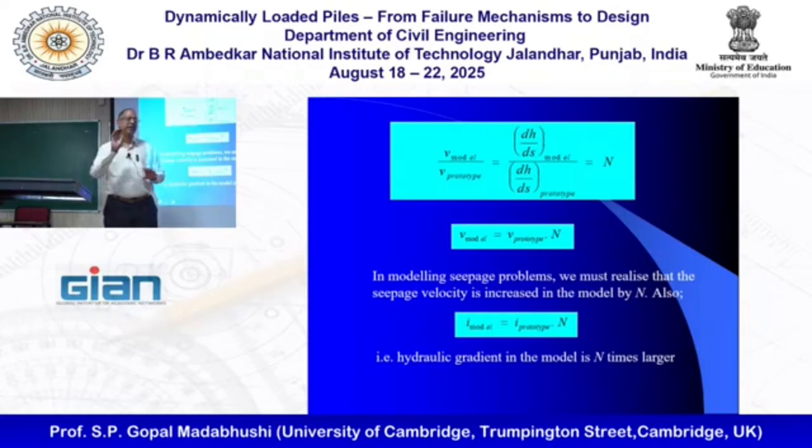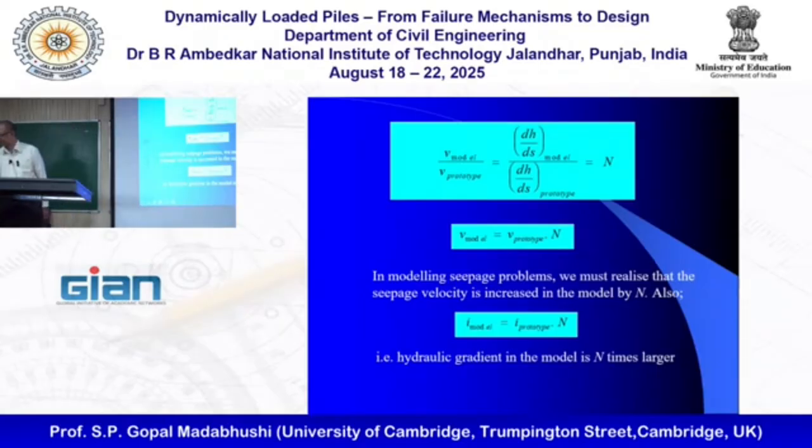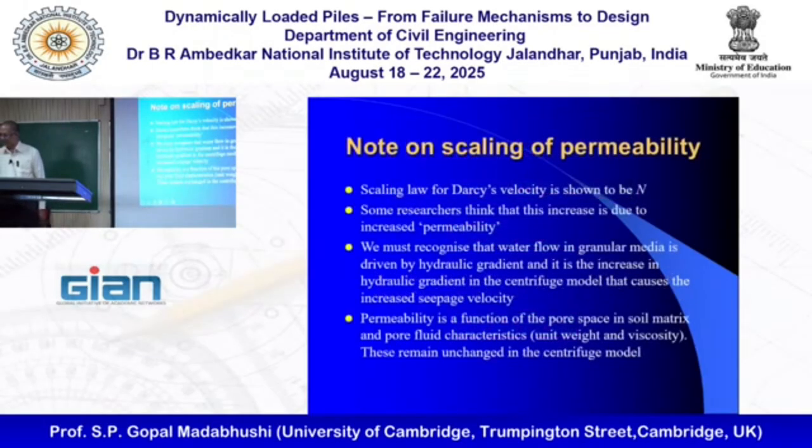So you make sure the Reynolds number is low in both the model and the field. They won't be exactly the same value, but both will be in the laminar range rather than the turbulent range. So we can get around that.